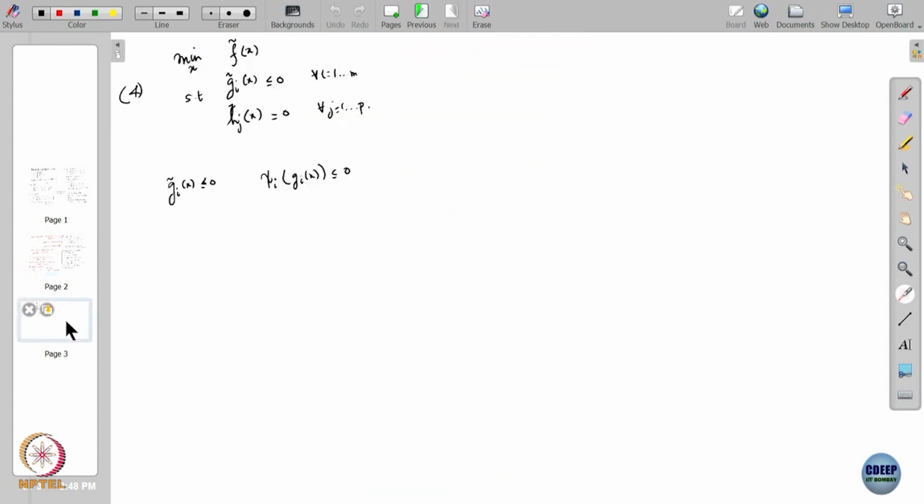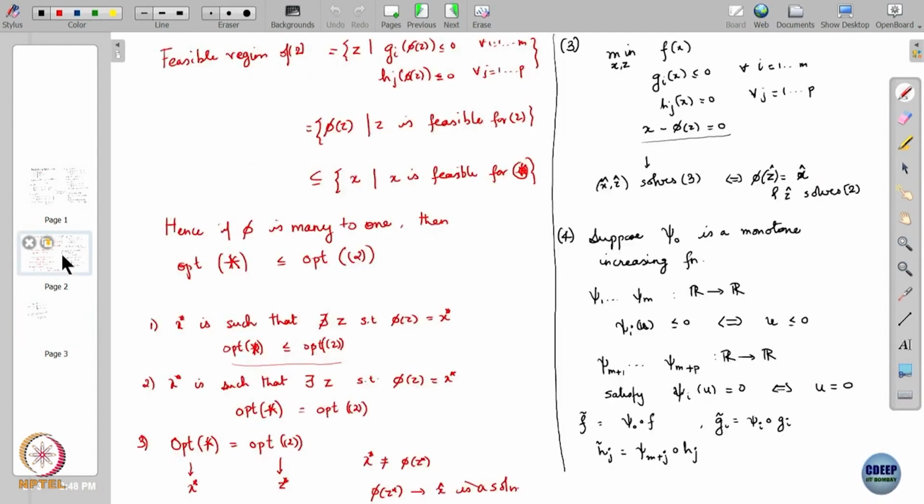So, the x's such that this is less than or equal to 0 are actually the same as the x's for which g i of x is less than or equal to 0, because psi i of g i of x is less than or equal to 0 if and only if g i of x is less than or equal to 0.